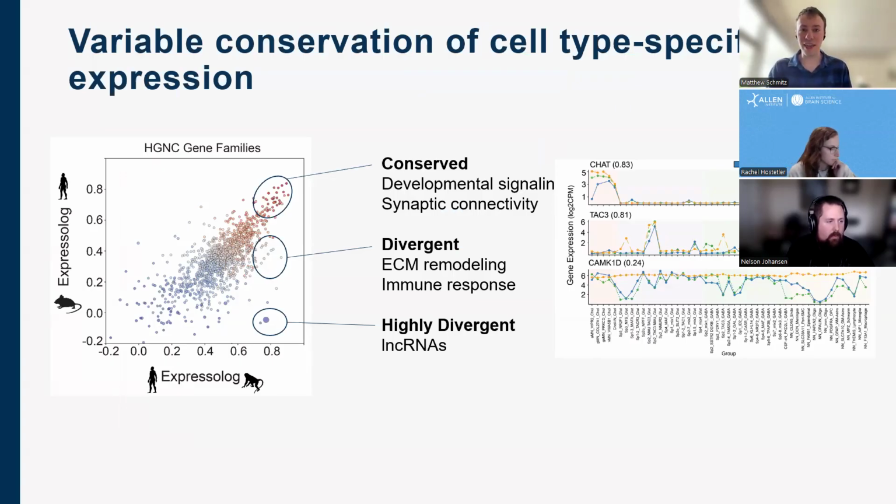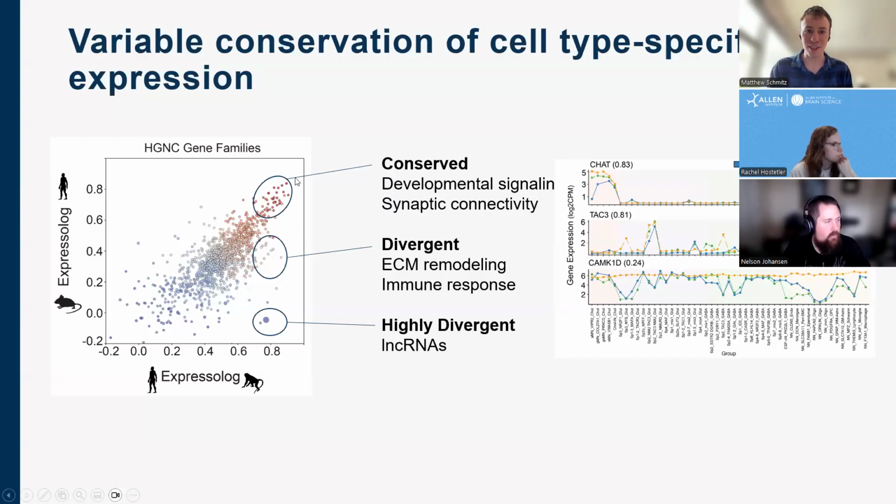Also looking at the gene expression patterns, we use this measure from Jesse Gillis's lab, this ExpressioLog metric, which is a 0 to 1 measure, where a 1 represents that the pattern of expression is the same across all of our species, and a 0 is totally different.